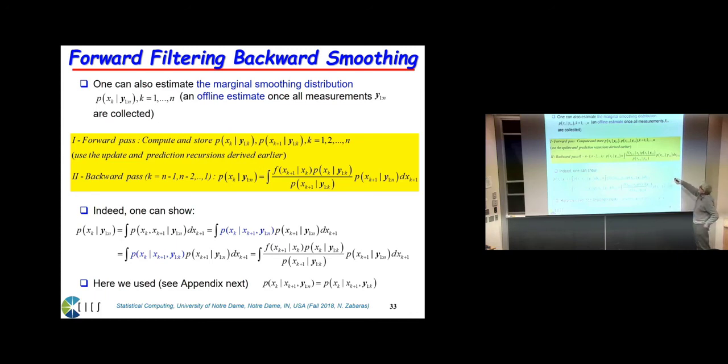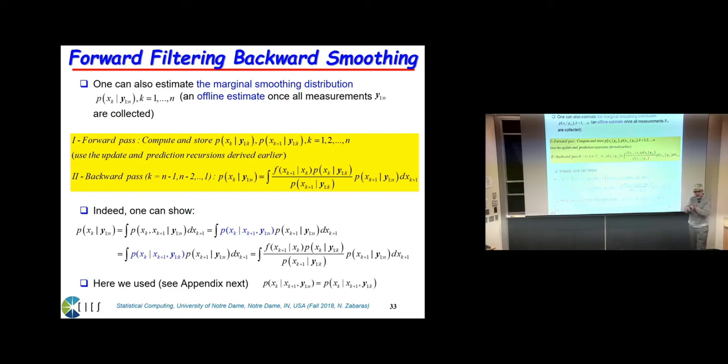You notice here k plus 1 is the smoothing distribution, there it's k. So I'm going backwards. And the rest of the terms, what do they involve? The transition model, right? Nothing fancy. What is this? This is the filtering distribution. And what is that? The predictive distribution.